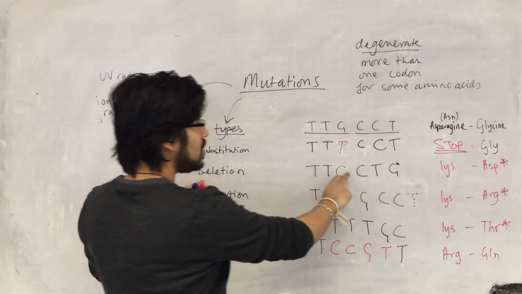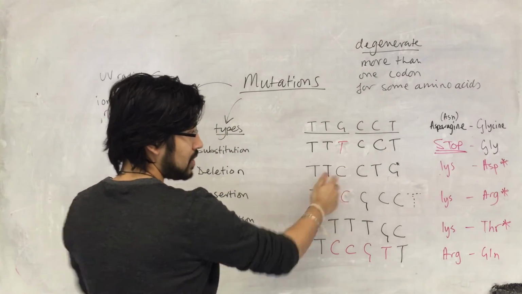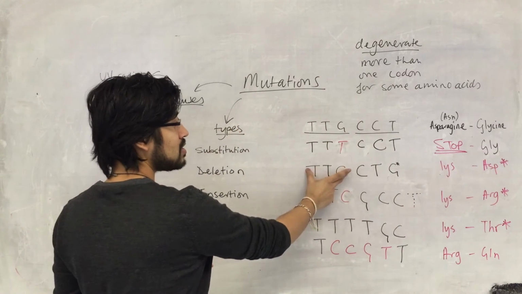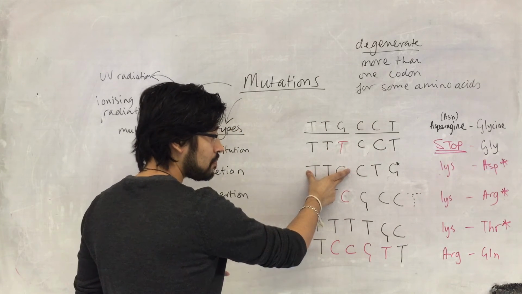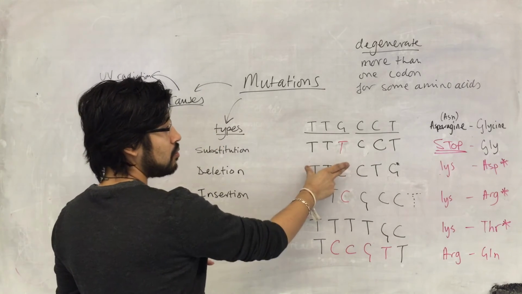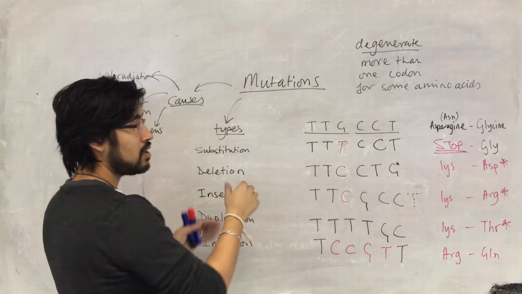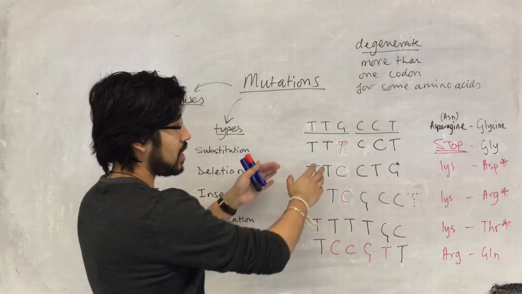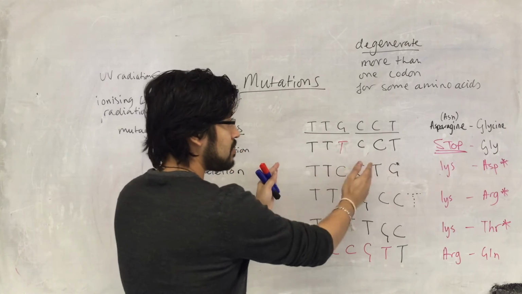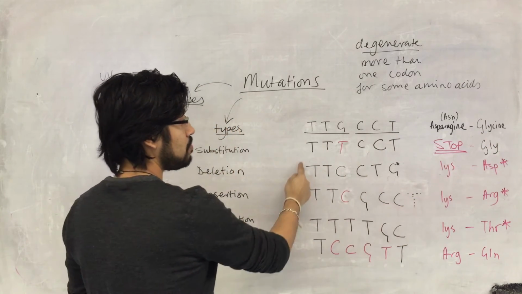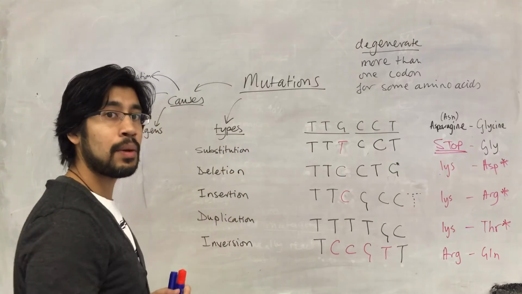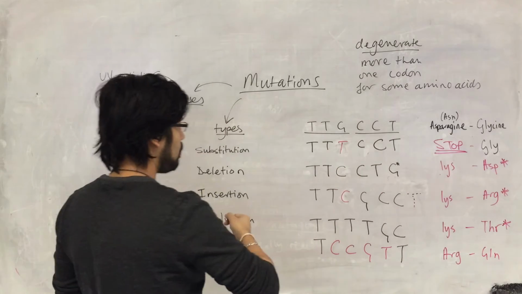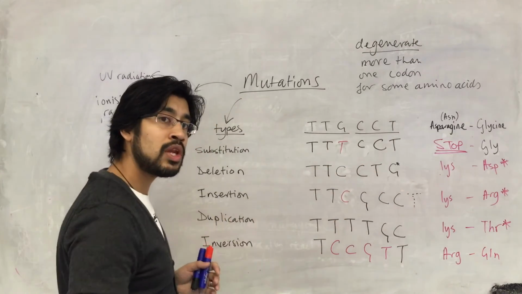Say we deleted one base here, and that caused a change in the reading frame. If we deleted 2, it will change the reading frame. But if we deleted these 3, the only change is that we would be missing the amino acid that triplet coded for. Everything else is read in the same reading frame because we made a change of 3 bases. If we had deleted 6 bases, we would be missing 2 amino acids.